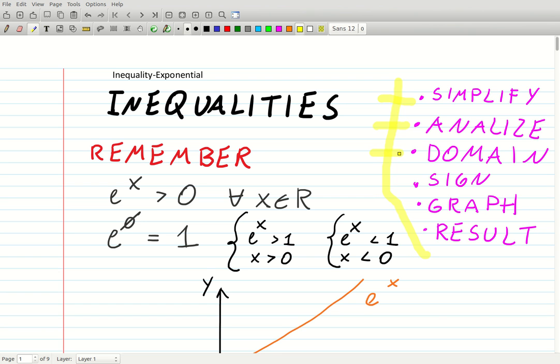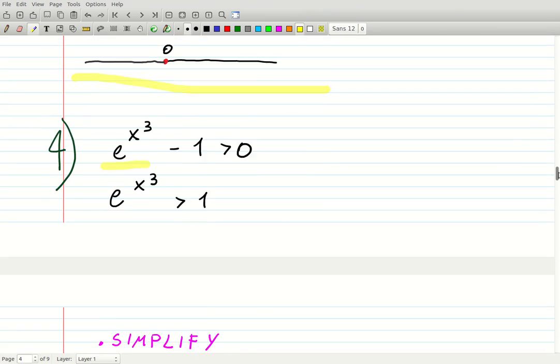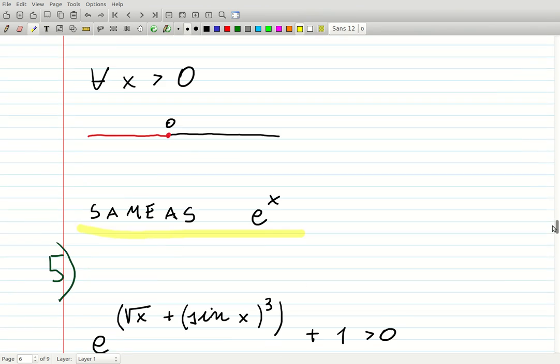Then we analyze the domain of the single pieces and obtain the domain of our function. We study the sign of the single pieces, the elementary functions, and we put everything together, obtaining first the graph of the elementary functions, the graph of their sign, and in the end the result we are looking for, a graph for the solution of our function. This said, let's go to our new exercise.